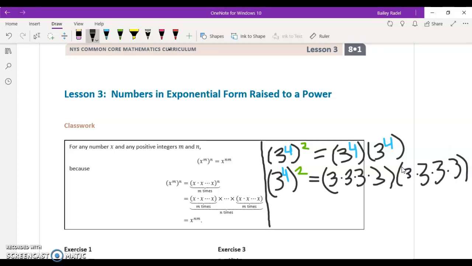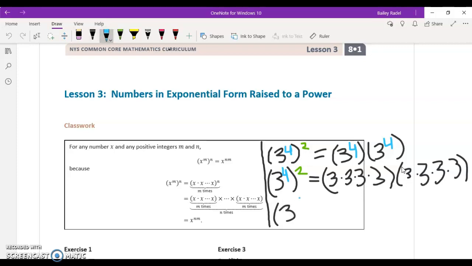Okay, because the 4 is the exponent tells us how many times we're going to multiply the base. So we have 4 3's in the one parentheses and we have 4 3's in the other parentheses. And now we can just count up how many times we are multiplying 3 with 3.